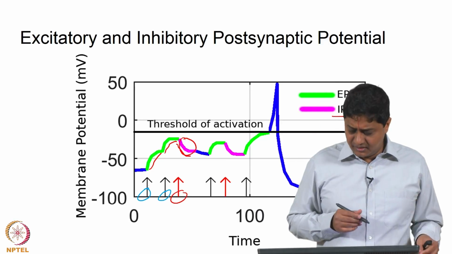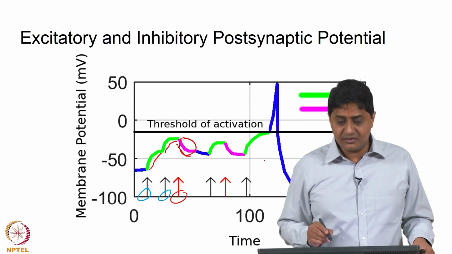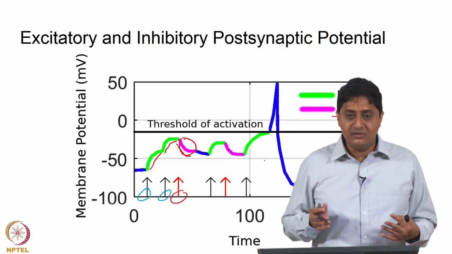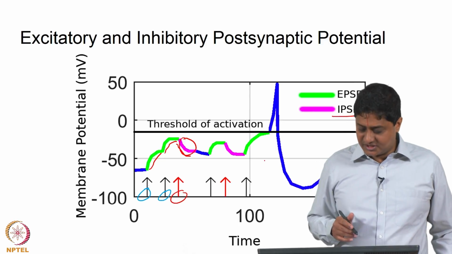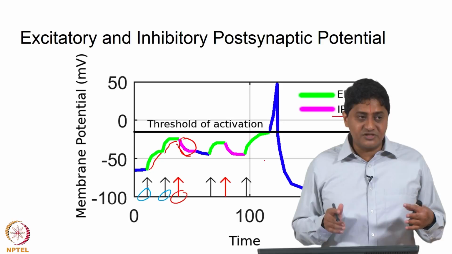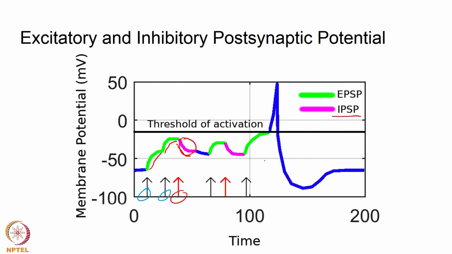Several EPSPs could combine together in time or in space to cause an action potential, or several IPSPs could combine together in time and space to prevent the happening of an action potential. So, there could be spatial and temporal summation, and that is applicable for both EPSPs and IPSPs equally.